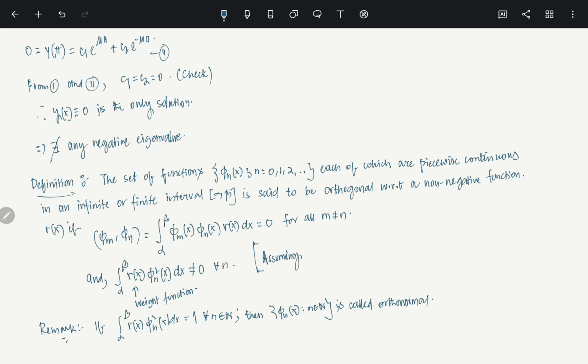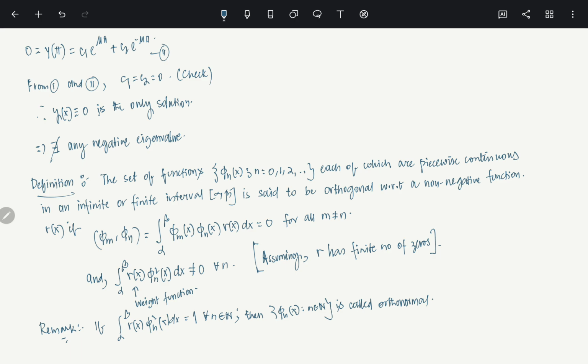If you remember, we have assumed R is a non-negative function, right? But we did not assume this, so okay, assuming R has a finite number of zeros. Is it okay?